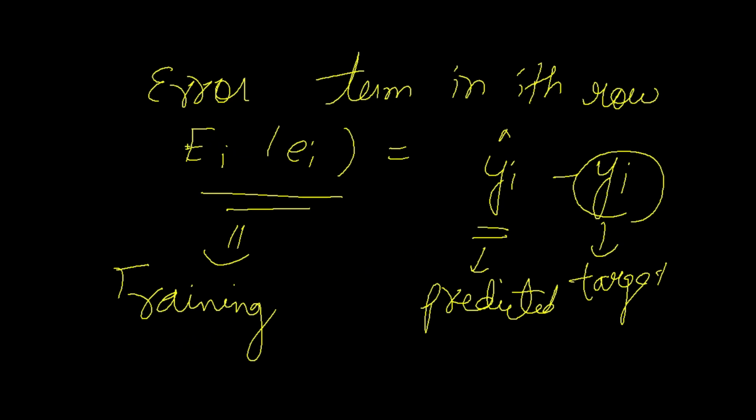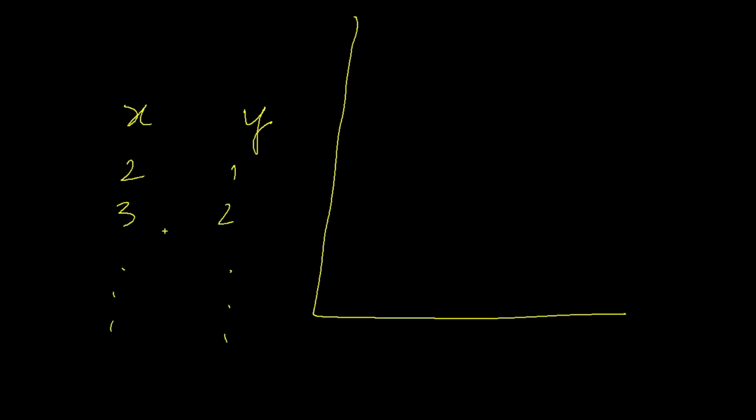Let's understand with a graphical example. Let us consider a data set with one dependent and one independent variable with a few points like 2, 3 and so on, and 1, 2 and so on. When we plot these points in this graph, here we have only one dependent variable and one independent variable.